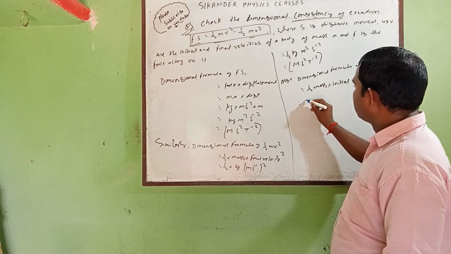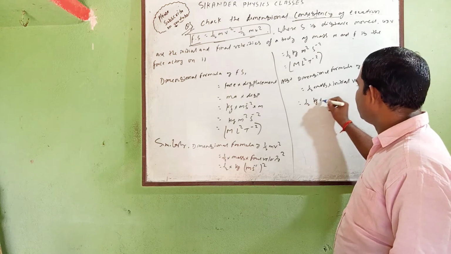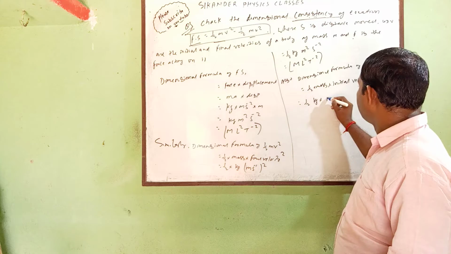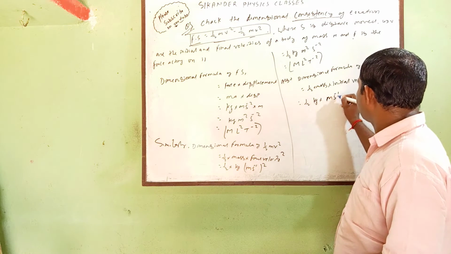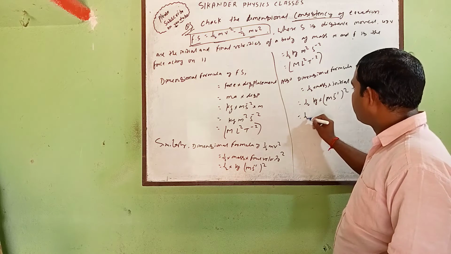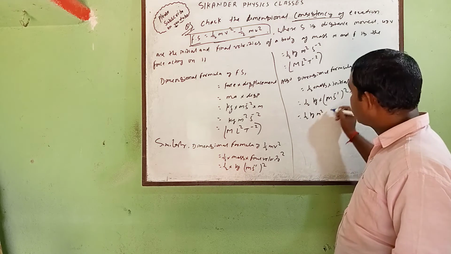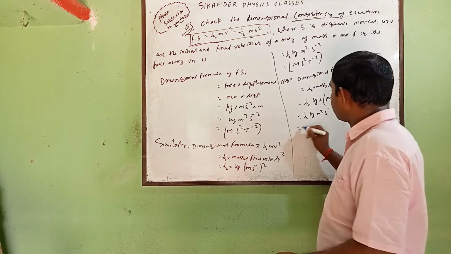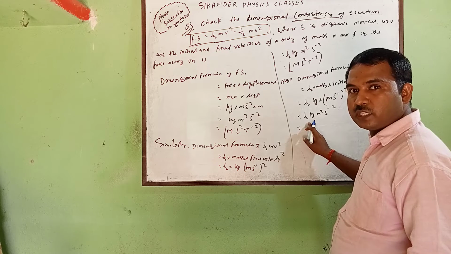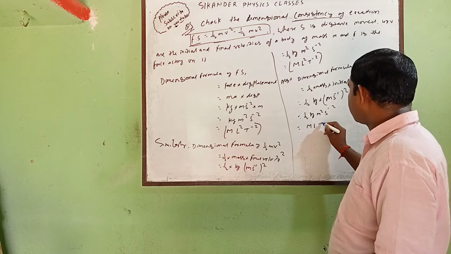Mass is measured in kg, initial velocity in meter per second, and then whole square because the power is there. So half, kg, meter square and s minus 2. Finally, in dimensional form, write kg for M, meter for L, s for T.